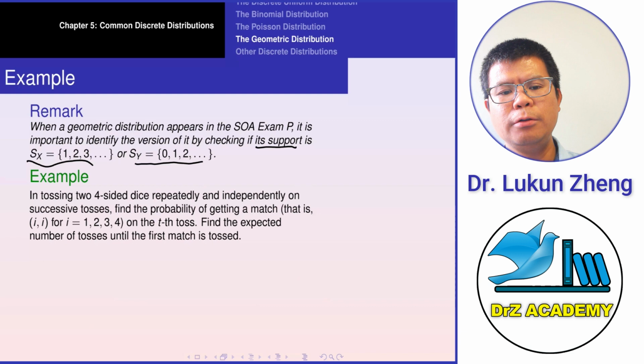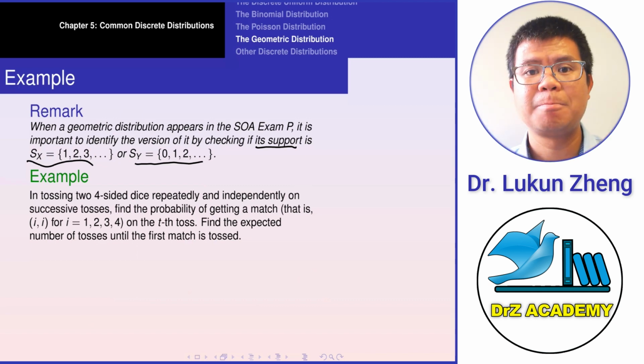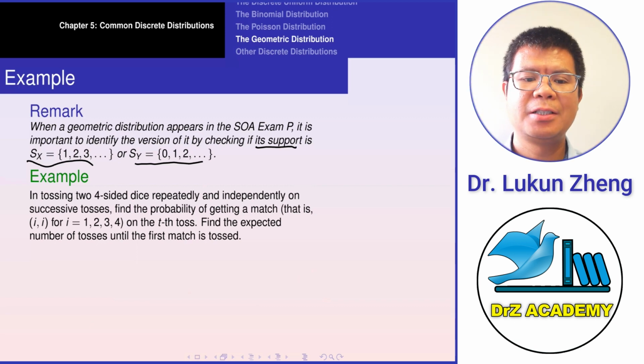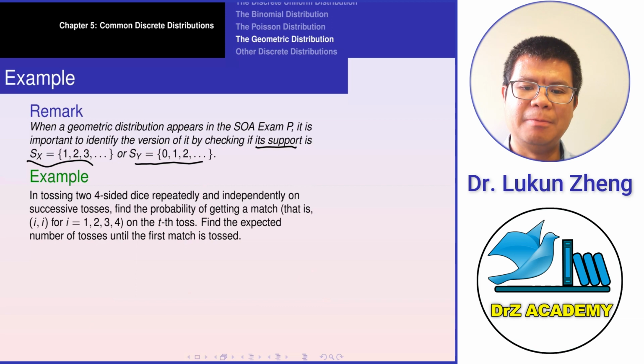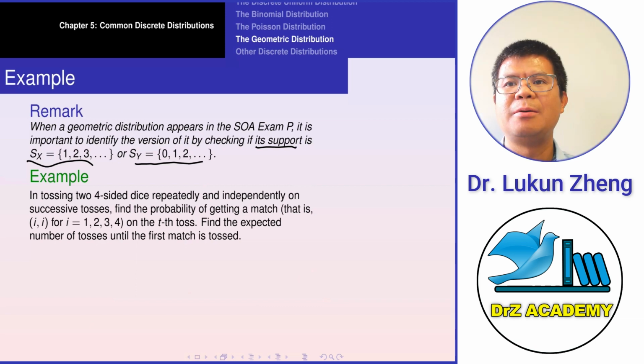Now let's consider the following example. In tossing two four-sided dice repeatedly and independently on successive tosses, we want to find the probability of getting a match on the t-th toss, and the expected number of tosses until the first match is tossed.